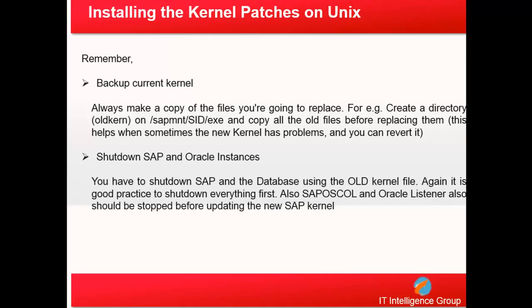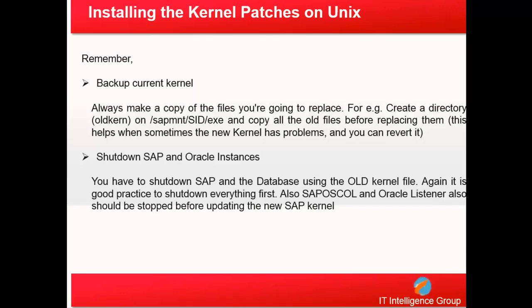The most important thing is to make sure that you are backing up the kernel folder. The kernel folder is basically at two locations. One is the /sapmnt/SID/exe folder, and you can go to the kernel folder as well. These are the two locations that we need to make sure we back up.